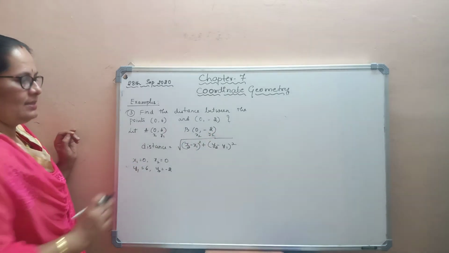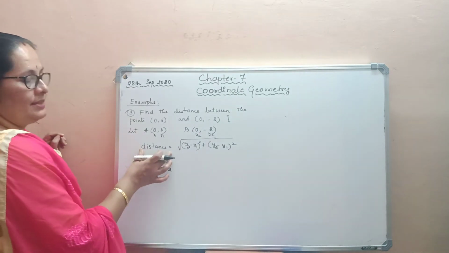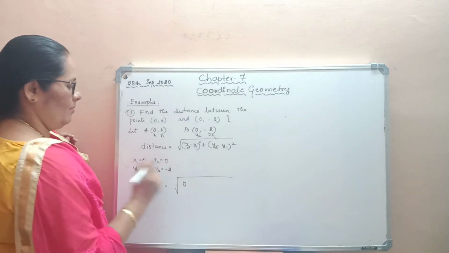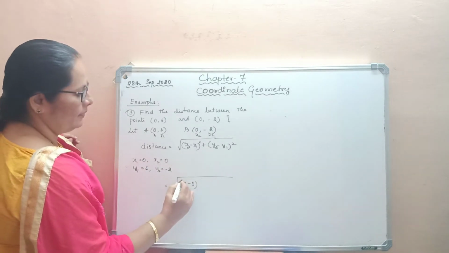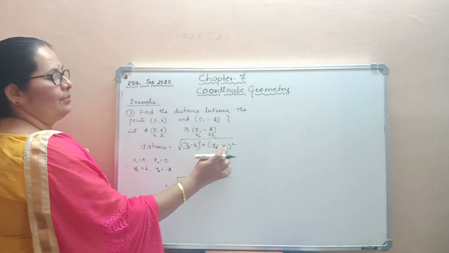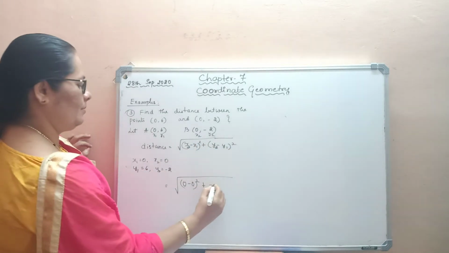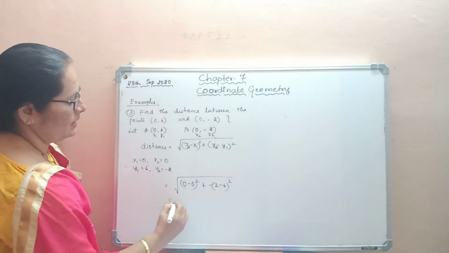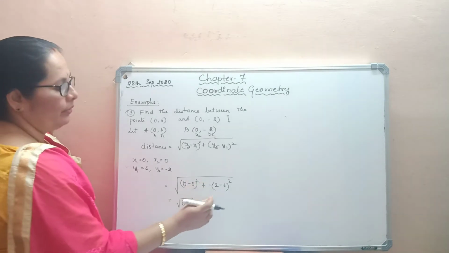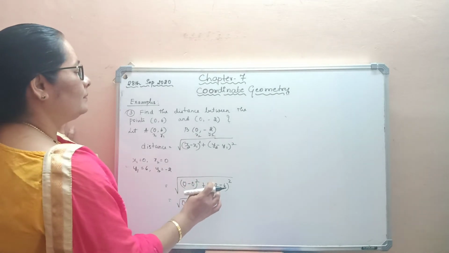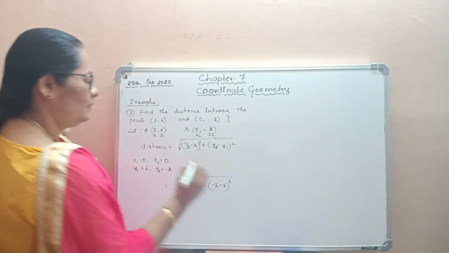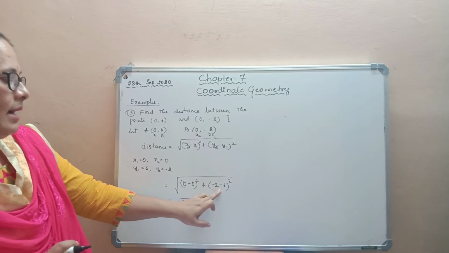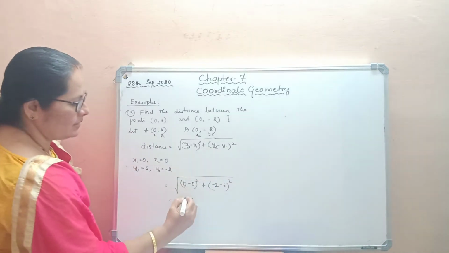Now we need to find the distance between these 2 points using the distance formula. So root of (x2 minus x1) whole square plus (y2 minus y1) whole square. y2 is -2 minus 6 whole square. So 0 minus 0 is 0. -2 minus 6 is -8. -8 whole square is 64.